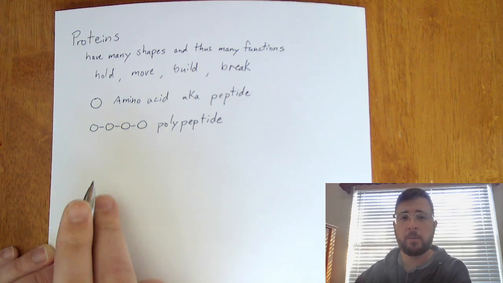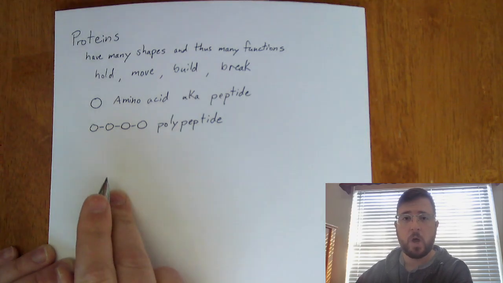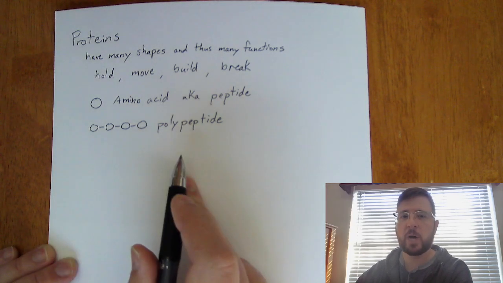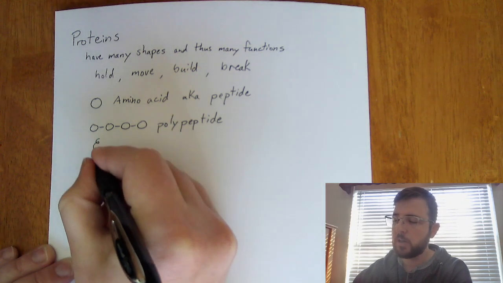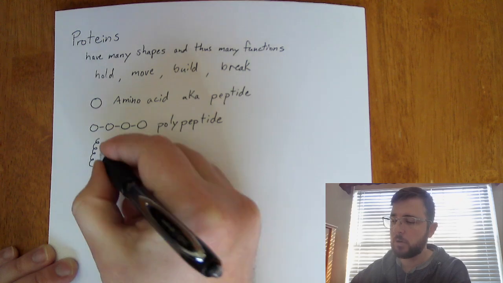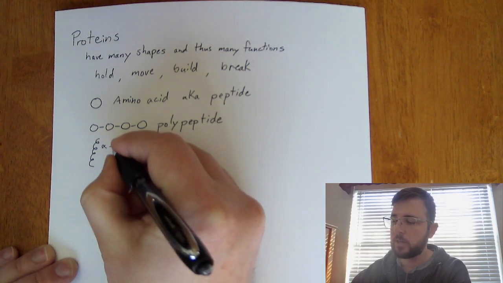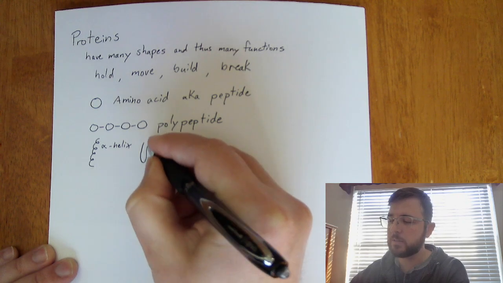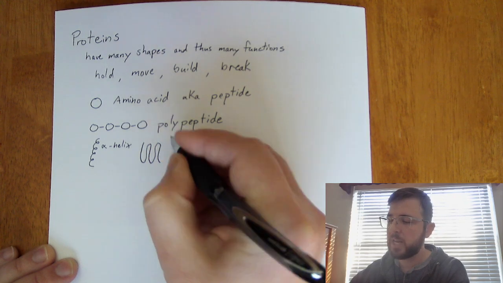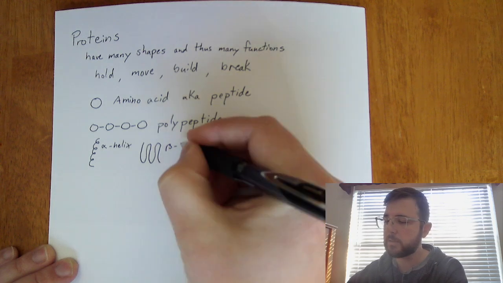Now what's interesting about these molecules is that once we have these chains of polypeptides, they can form different structures. They can form spirals called alpha helices. They can form flat areas called beta sheets.